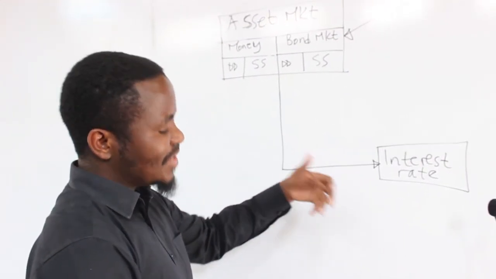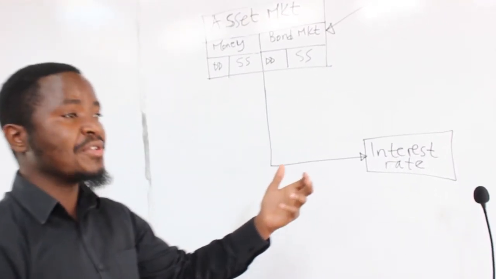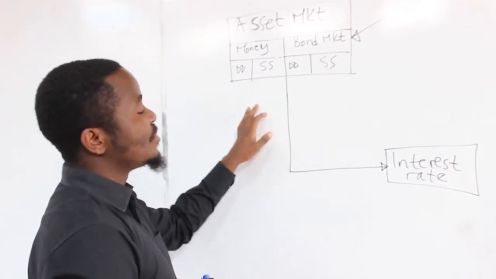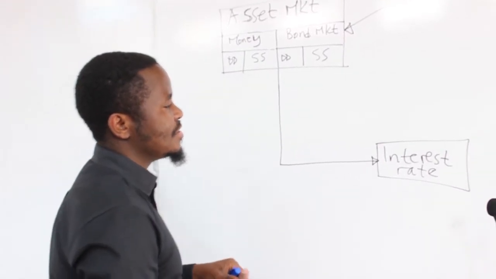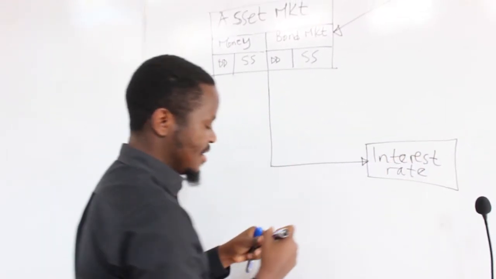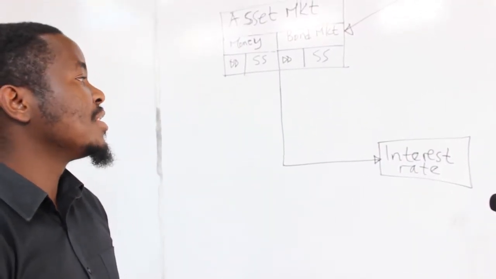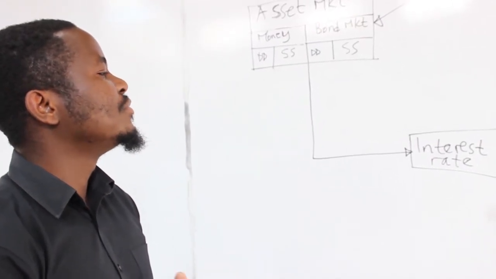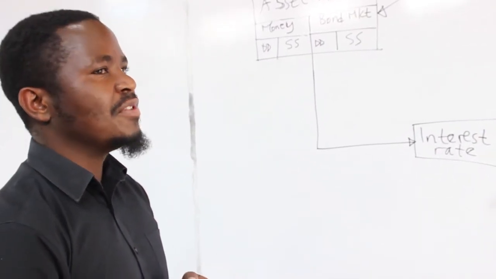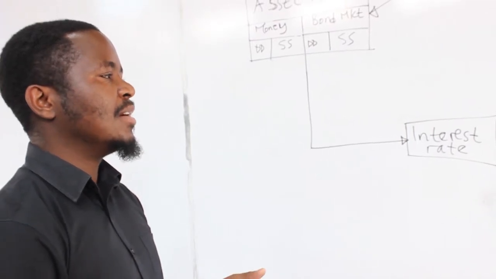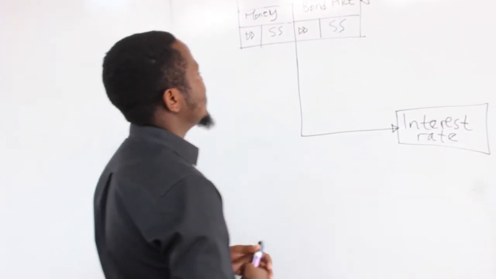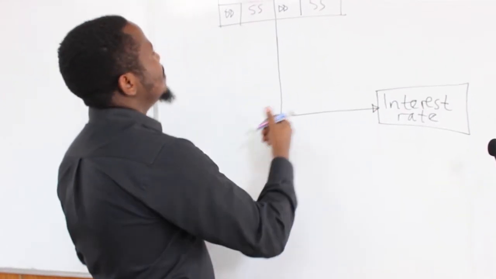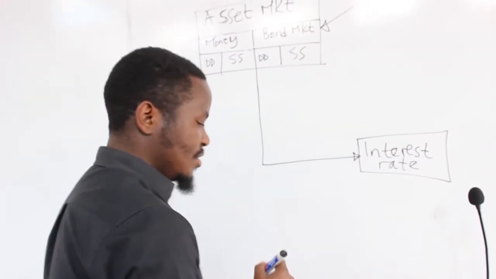Since the financial intermediaries will be signaled that there are a lot of people looking forward to have money, it will be very easy for them to increase the interest rate, so that even the few people that will borrow will still give them a higher return through the interest, or the money that they will pay back after they have borrowed. So the interest rate is likely going to increase.